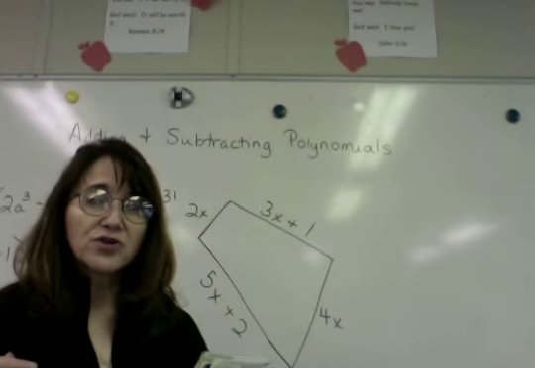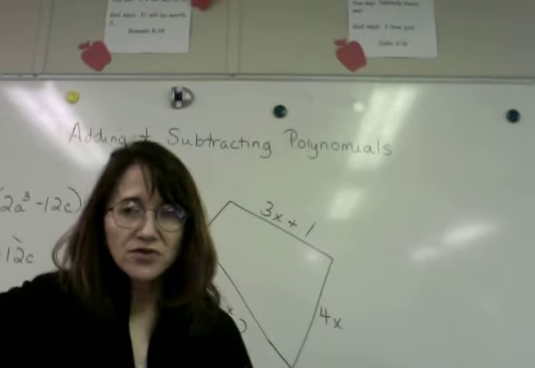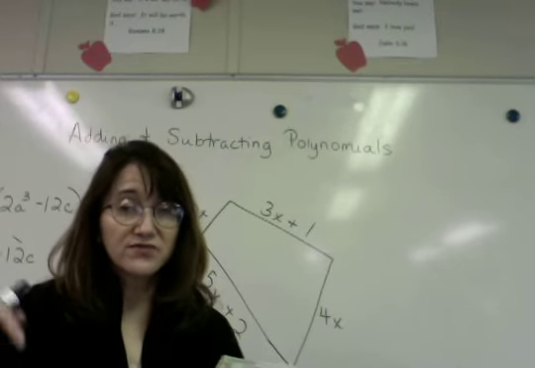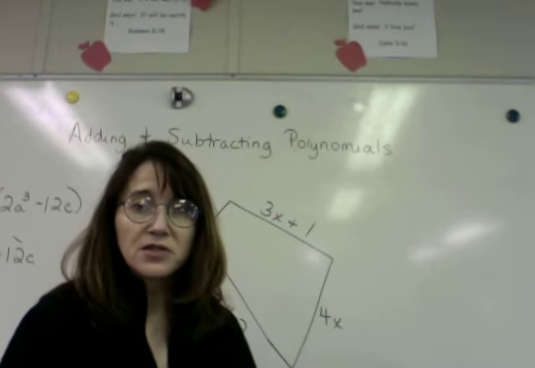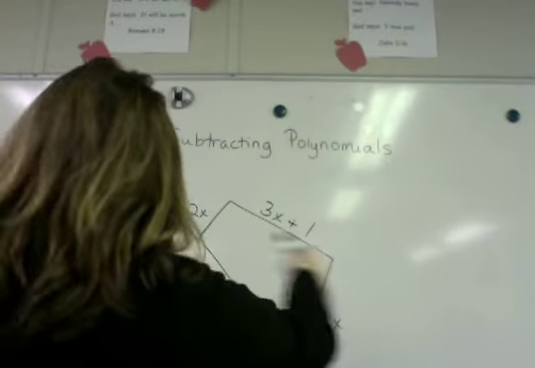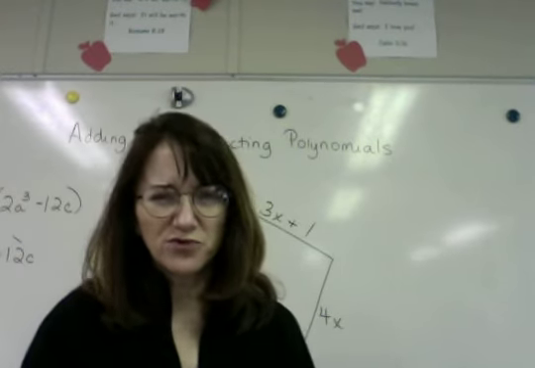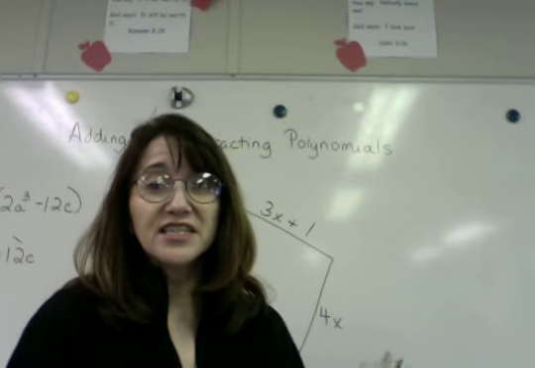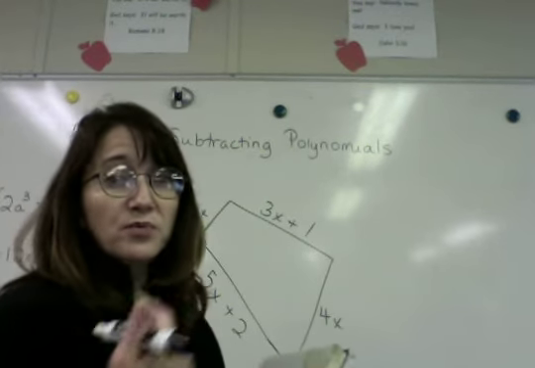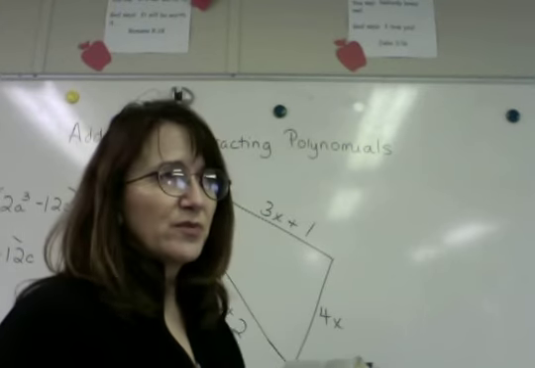So the perimeter means basically the measurement around. If I wanted to measure the perimeter of this room, I would take a tape measure and measure that wall and this wall. And since it's a rectangle, because most rooms are rectangular, that would be 2L plus 2W.